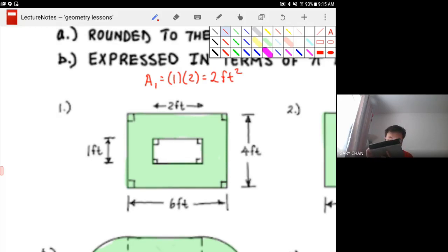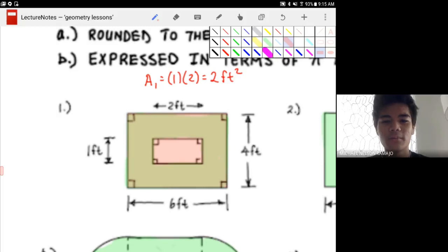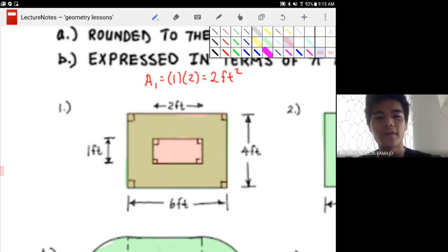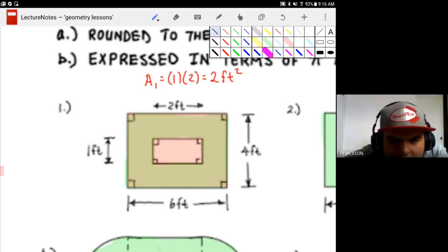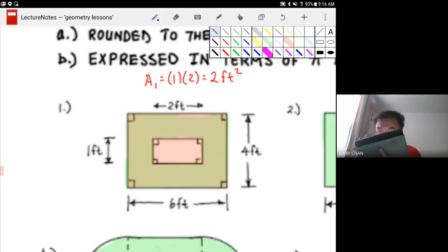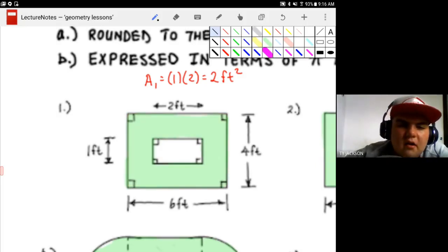Michael, can you tell us what is the area of the big rectangle here? What is the area of the big overall rectangle? You take the outermost numbers and multiply those, so you get 24 feet squared.